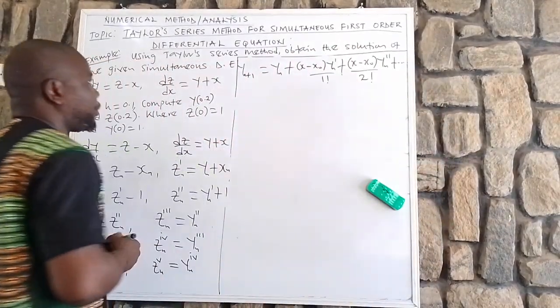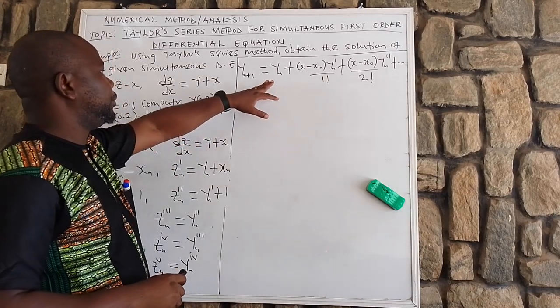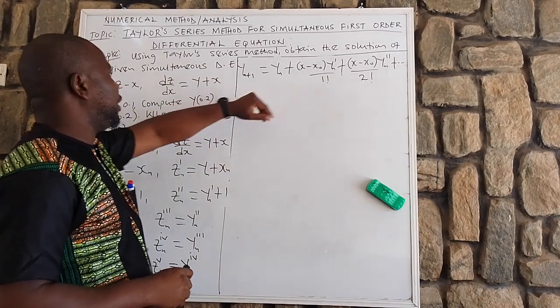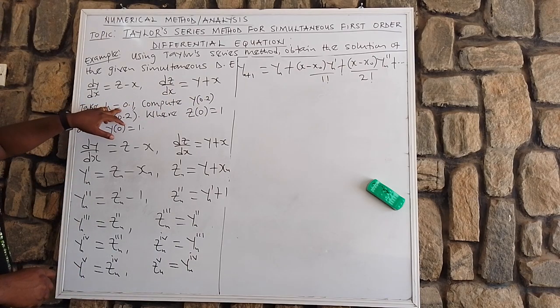But here, we are not. Here it says take h as x minus x naught.